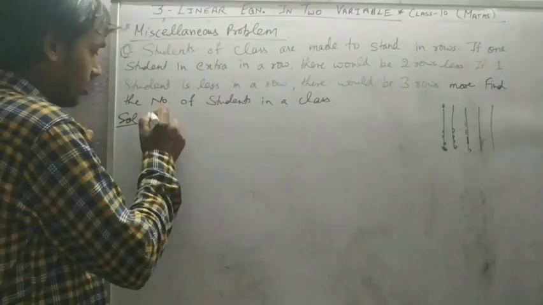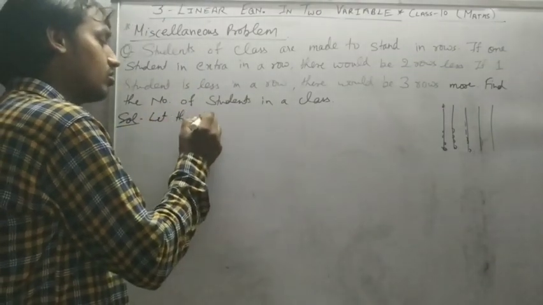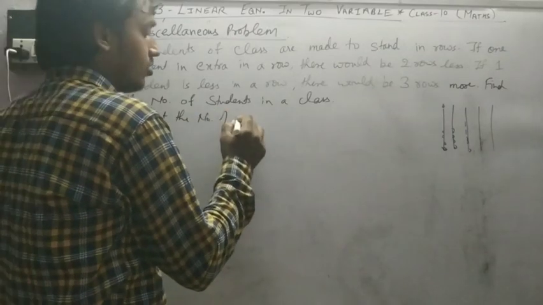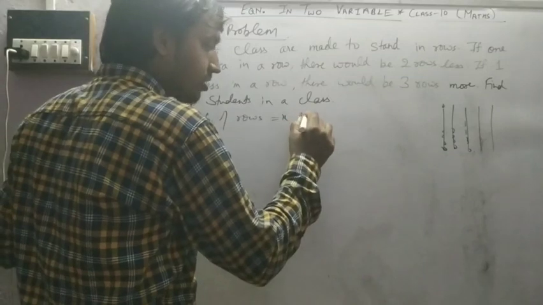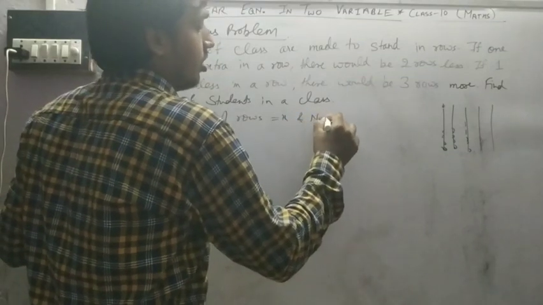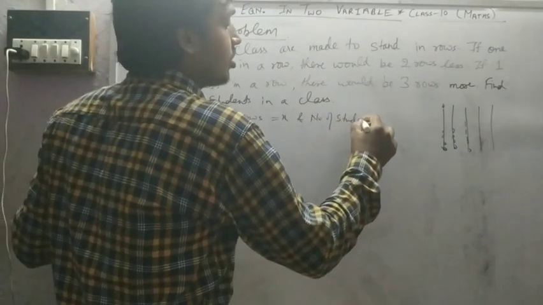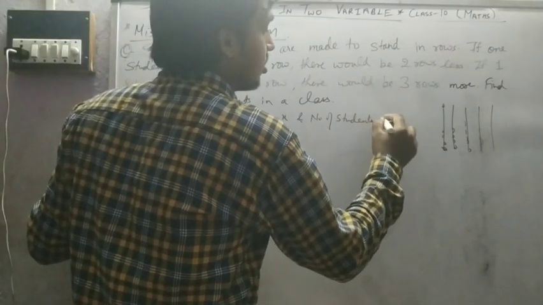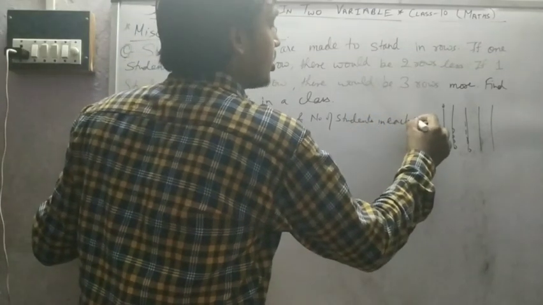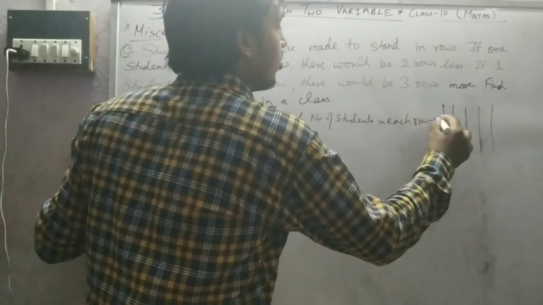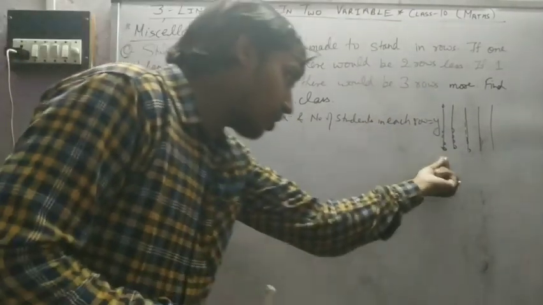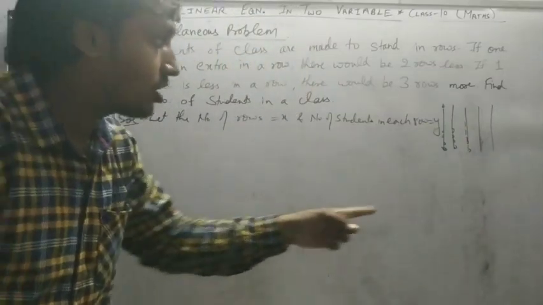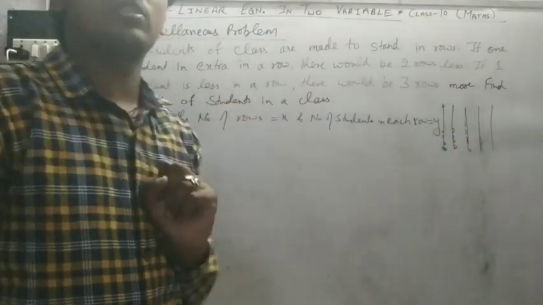See, let the number of rows x and number of students in each row y. Means counting number of rows x and each row has y students.